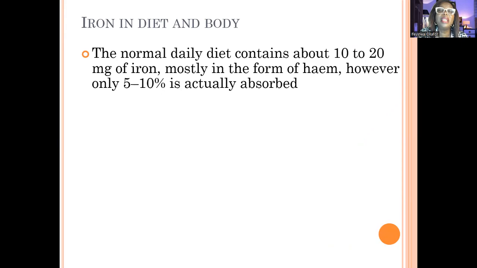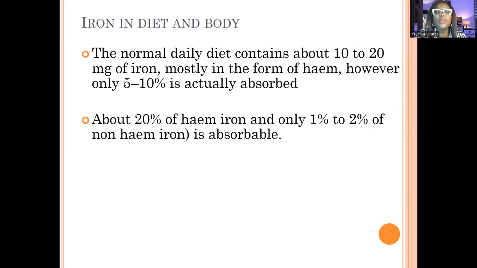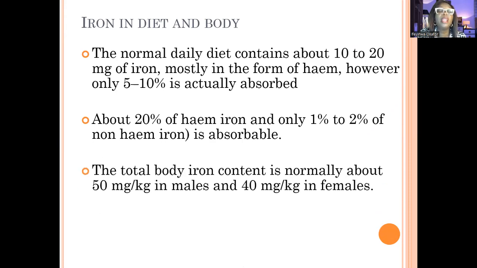The normal daily diet contains about 10 to 20 milligrams of iron, mostly in form of heme. And out of this 10 to 20 milligrams of iron, about 5 to 10% is actually what is absorbed by an individual. And about 20% of heme iron and only 1 to 2% of non-heme iron is absorbable from our diet.